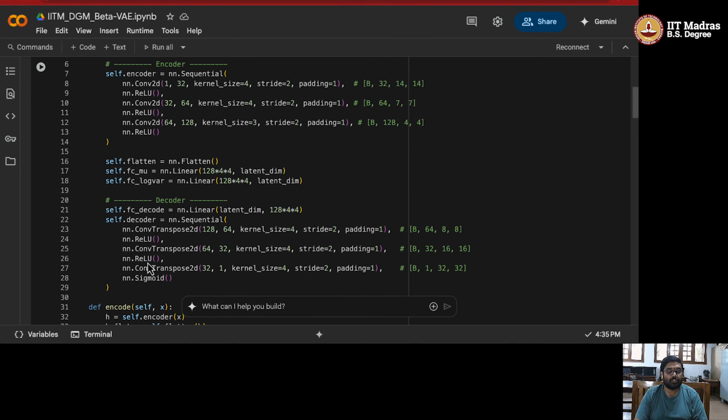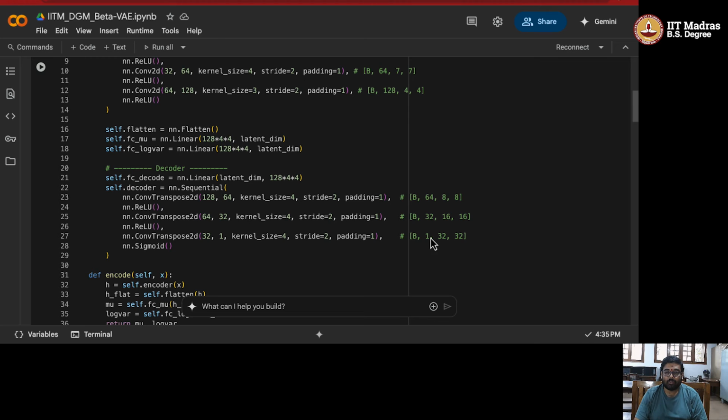And then this is your decoder. It will take the latent dimension to 128, 4 cross 4. Okay. And then from there, you obtain it into the size of the image. So you get it to 1, 32, 32. And what do you do with 1, 32, 32?